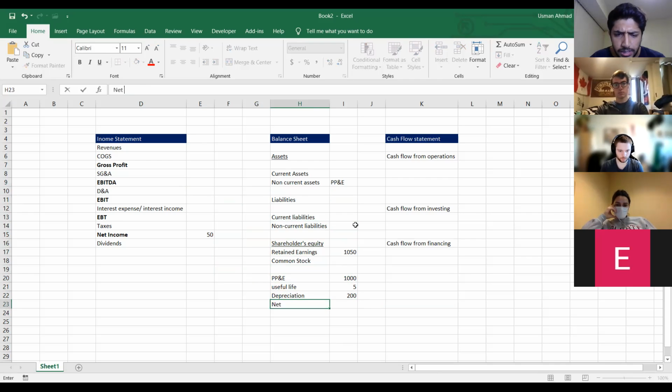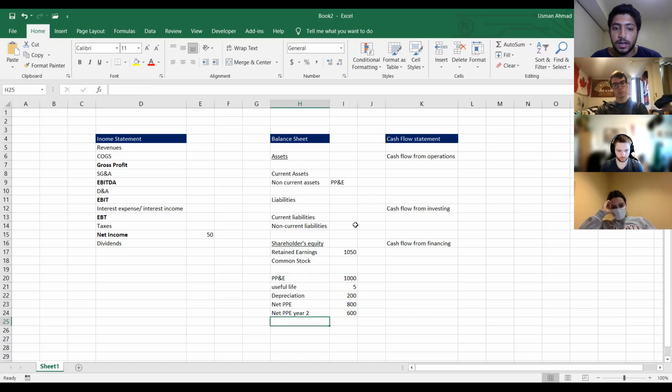So the net PP&E for that year is 1,000 minus 200. And the next year, the net PP&E in year 2 would be 800 minus 200. And in the last year, after the 5th year, the net PP&E would be 0 because all the 1,000 would be expensed through the depreciation every year.